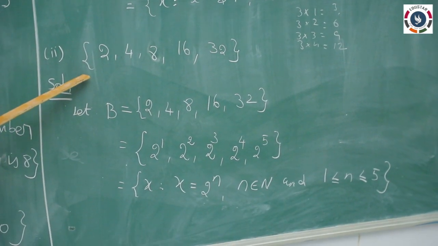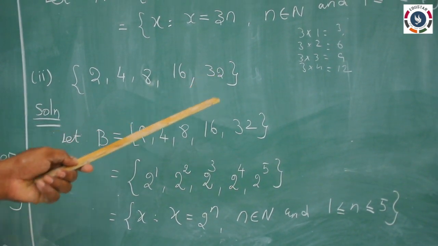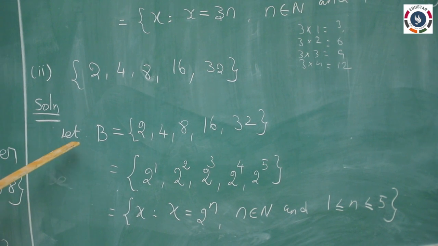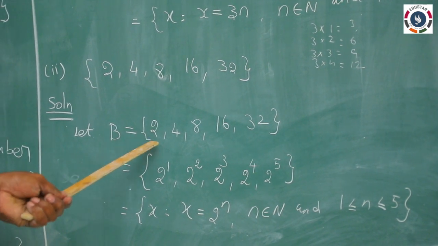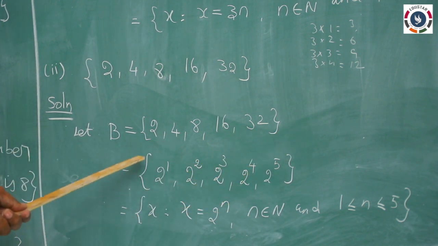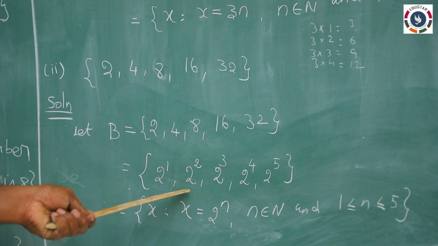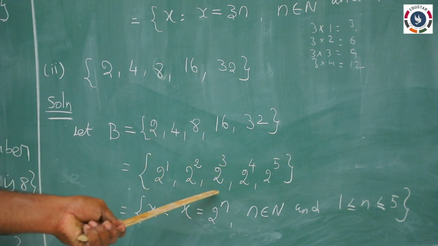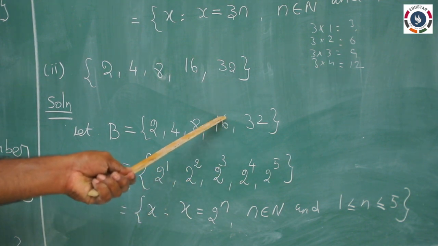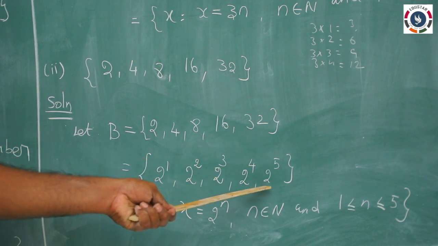So, next problem, B equal to {2, 4, 8, 16, 32}. This 2 can be written as 2 power 1, 4 can be written as 2 square, 8 can be written as 2 cube, 16 can be written as 2 power 4, 32 can be written as 2 power 5.